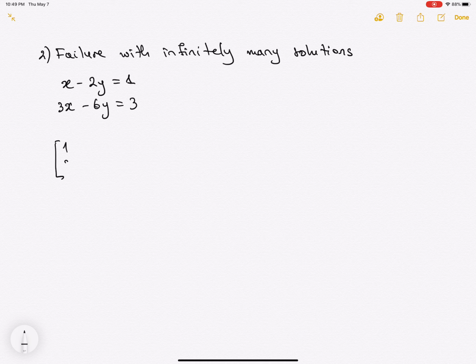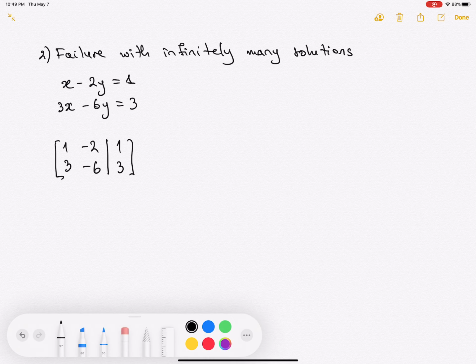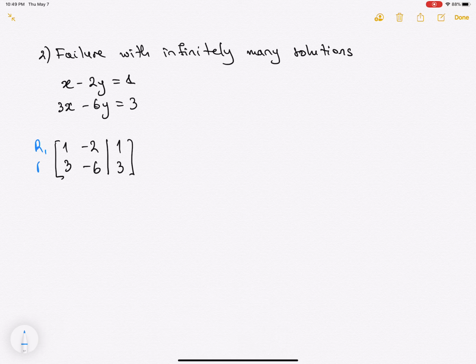So we have 1, -2, 1, 3, -6, 3. The vector b is now 1, 3. We have our rows R1 and R2. The operation, well, we know it's the same as before because this is the pivot and we want to eliminate under the pivot.